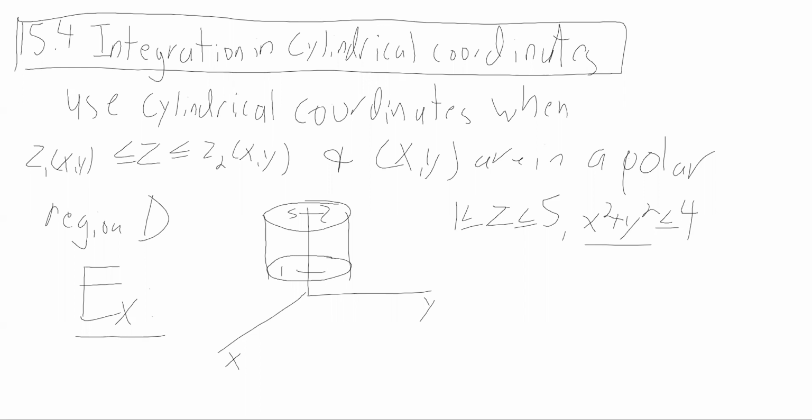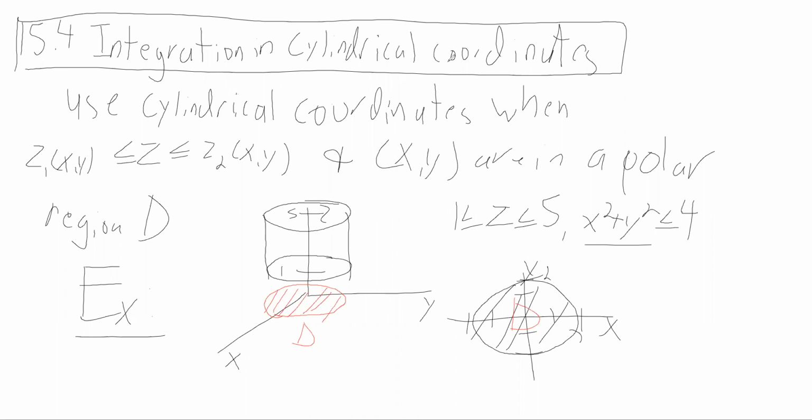But with X squared plus Y squared less than or equal to 4, if we look at the region D where x and y live, so this is our region D in the xy plane, this region is best described using polar coordinates. Right, and this would just be a polar rectangle.